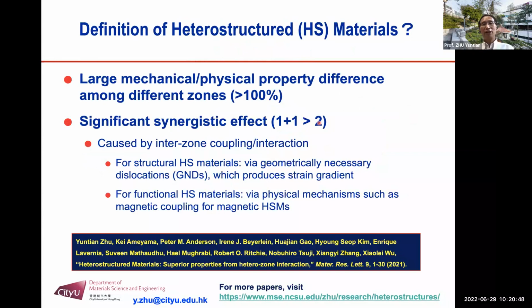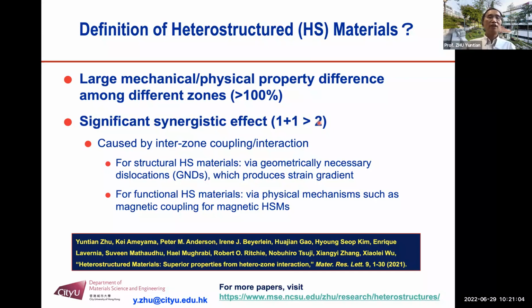However, for the heterostructured materials here, we want to narrow the scope a little bit, actually a lot. Here's how we define heterostructured materials.